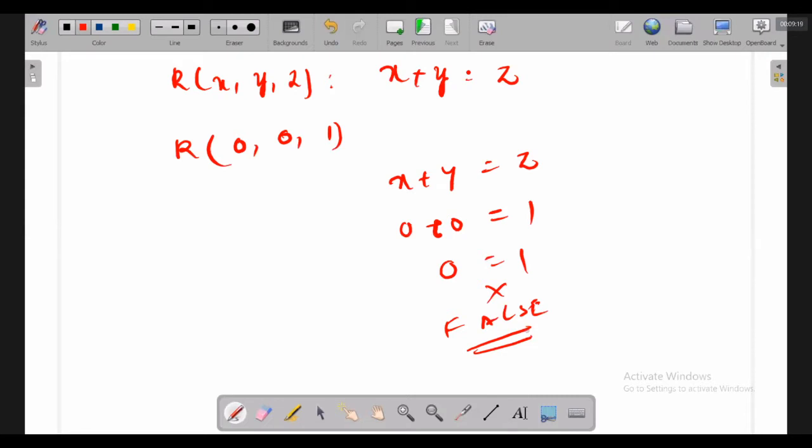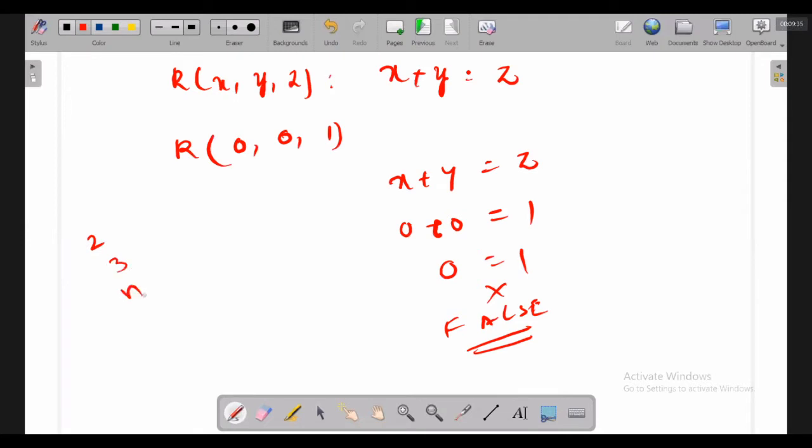A predicate with n variables is called an n-ary predicate or n-place predicate. In the previous example there were two variables, here three variables.